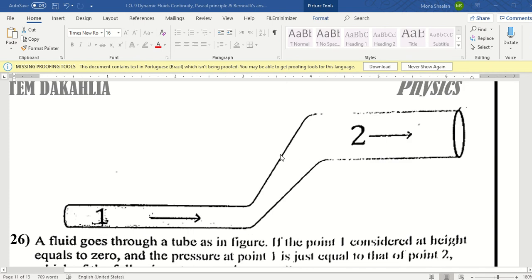Let's review Bernoulli's equation, which is P plus half rho v squared plus rho g h is a constant value. Okay, the initial potential energy is equal to 0.